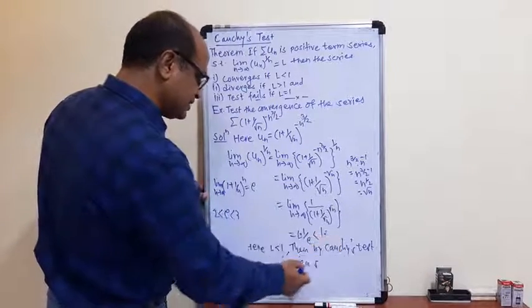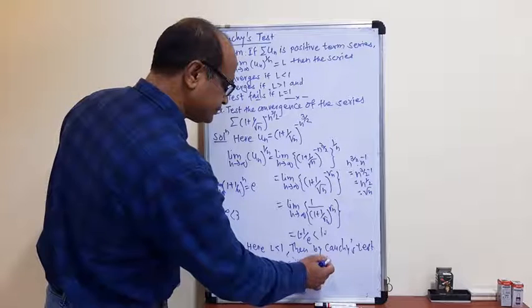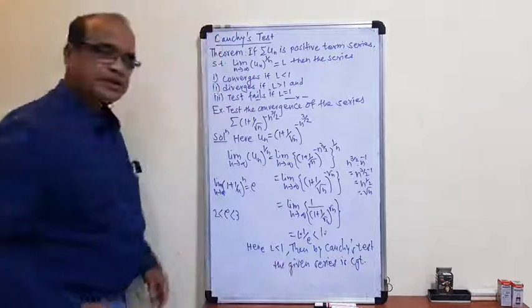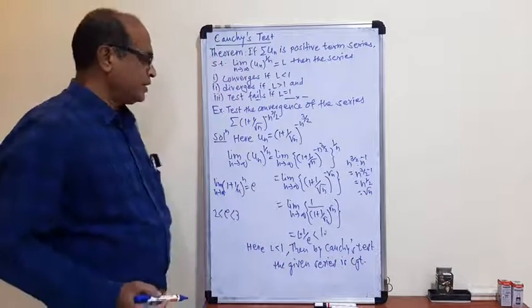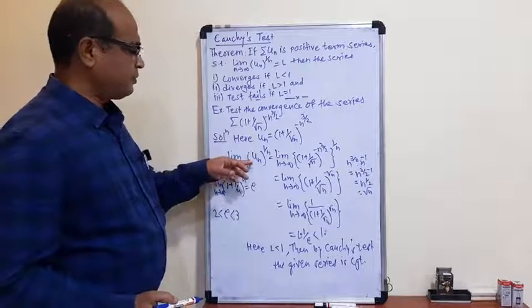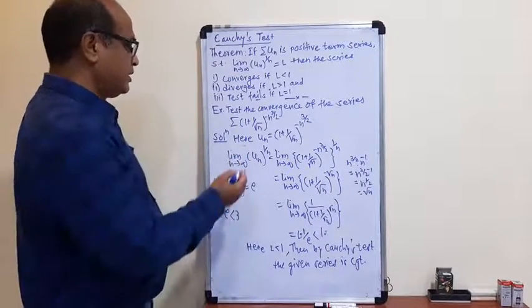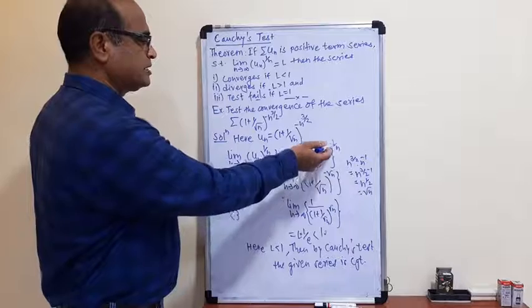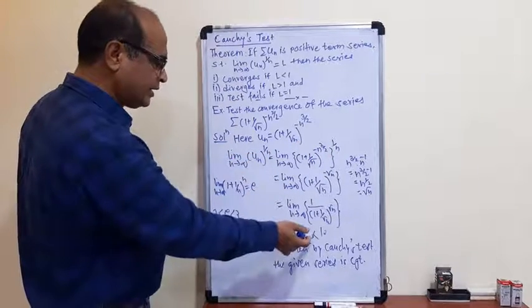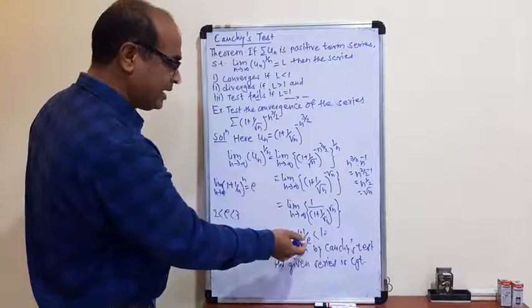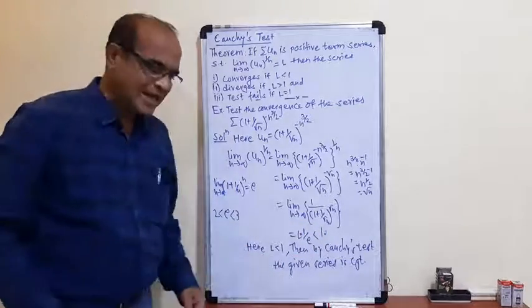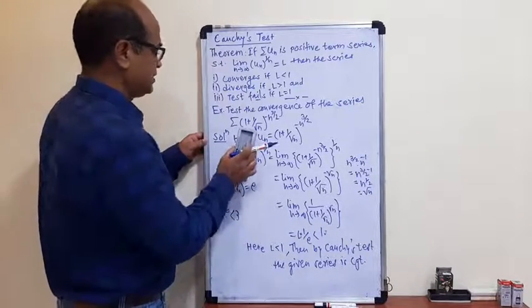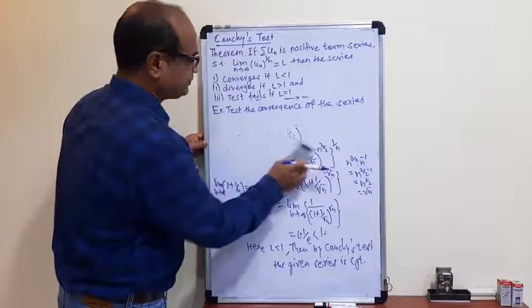Then by Cauchy's test, the given series is convergent. So this is a very simple example. Taking limit of un raised to 1 upon n as n tends to infinity, we get the limit 1 upon e, which is less than 1, and if L is less than 1, then the series is convergent by using Cauchy's test. Okay.